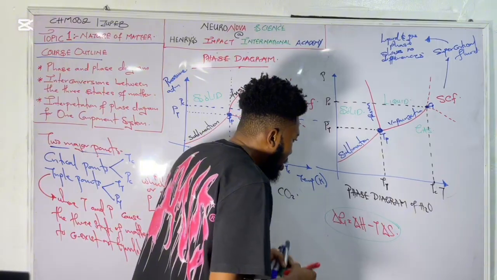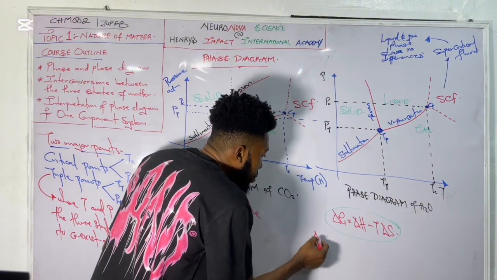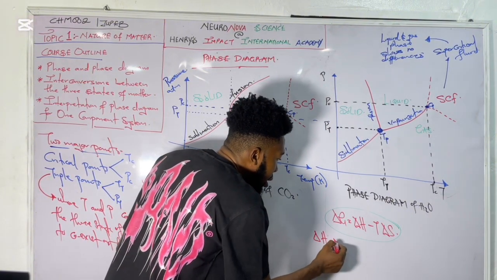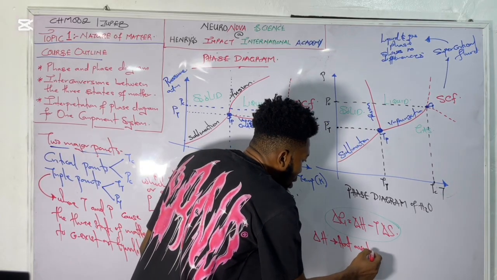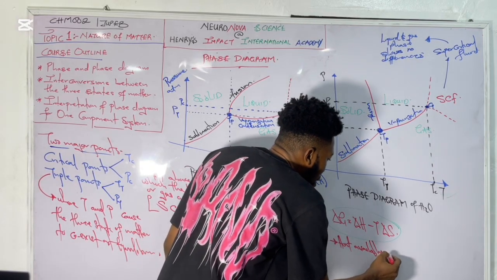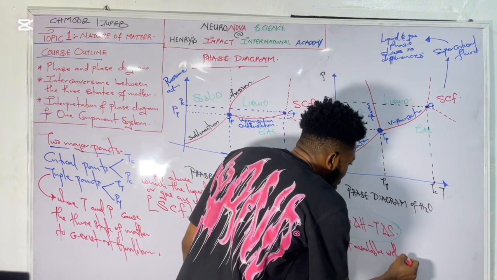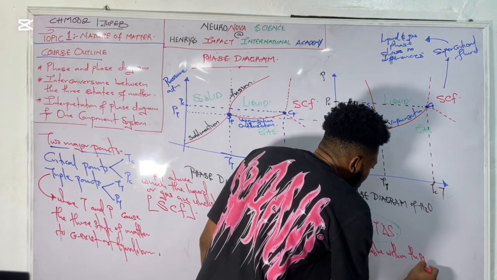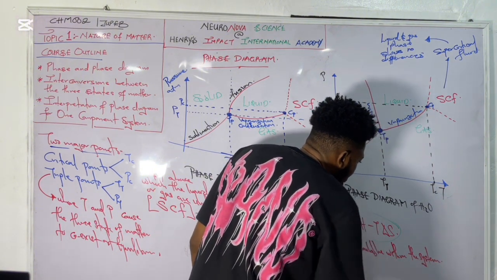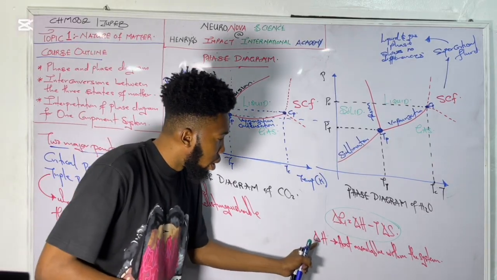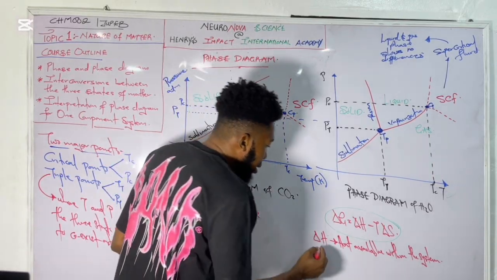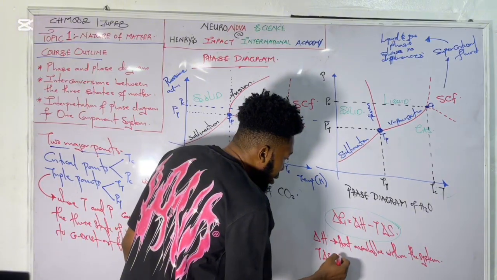So we want to define these parameters. Change in H is heat available within the system. Now, how about your T change in S?